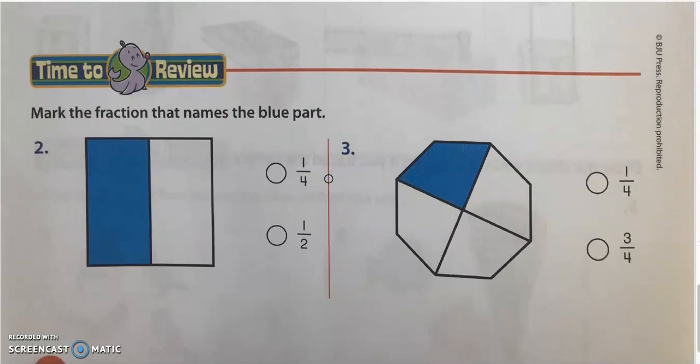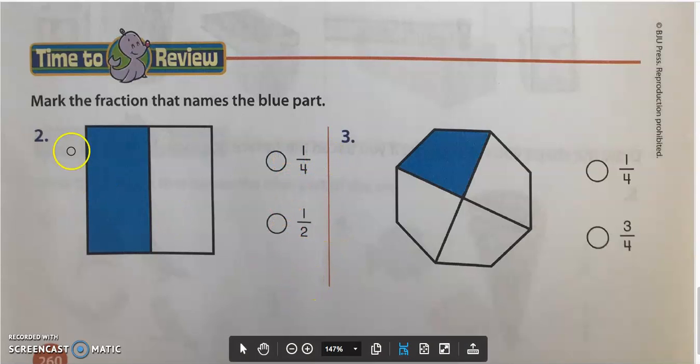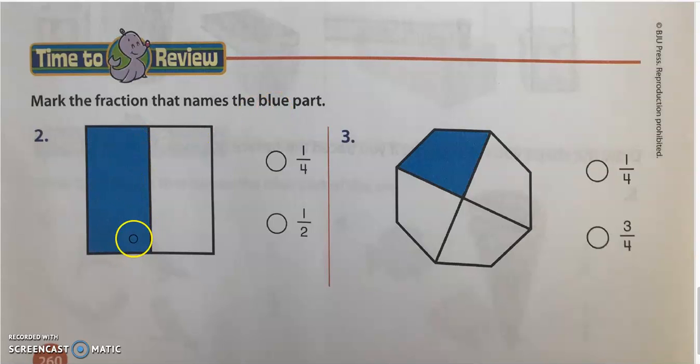Okay. All right. Number 2 and 3 are reviewing questions, which is fraction. Yeah. You're going to mark the fraction that names the blue part. And remember, when we have fraction at the bottom, we put the number for the whole set. And on top, we put part of the set. Okay.